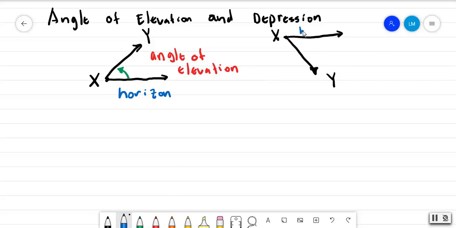This is your horizon, or your horizontal, and then the angle of depression would be like that. So in this case, this is the angle of depression. Now in this case, this is looking from the top, like if you were at the top of a building or at some cliff.